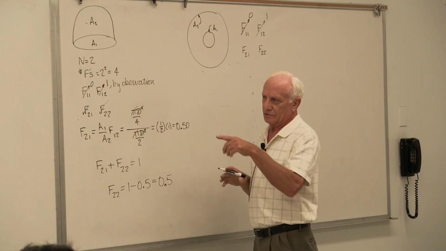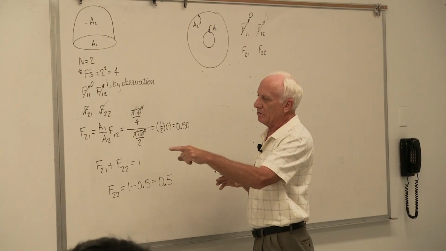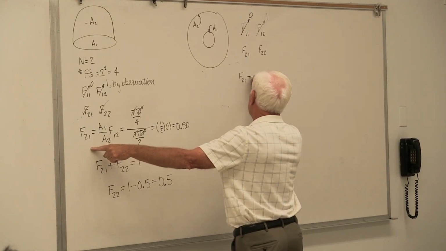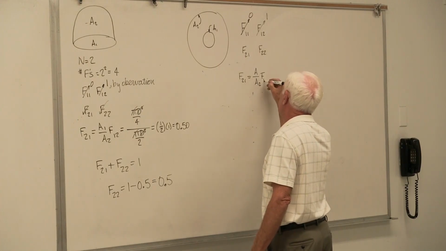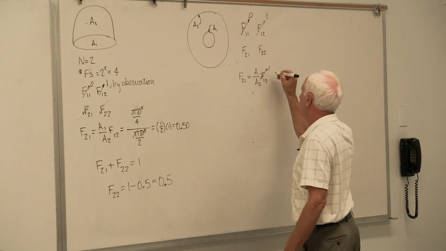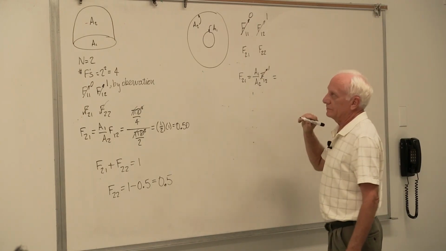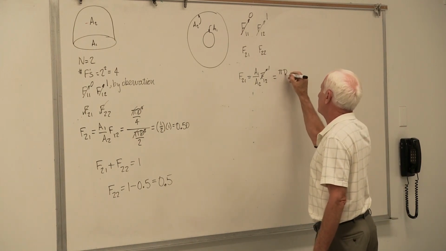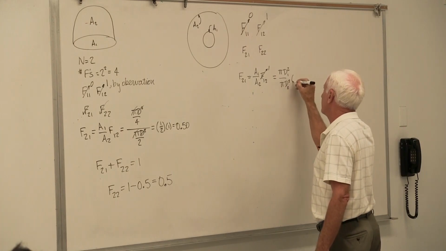You use those algebraic equations, reciprocity, enclosure law. F21 equal A1 over A2, F12. F12 is 1. A1, surface area of a sphere, pi d squared: pi d1 squared over pi d2 squared, times 1.